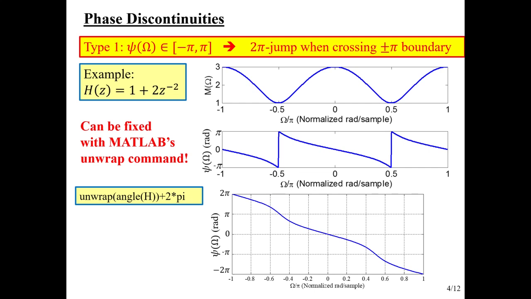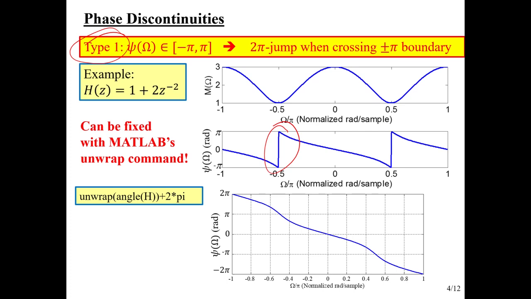Okay, so this can be fixed. Sometimes we want to see it without that discontinuity. It just helps us visualize it. MATLAB has a command called unwrap that will fix these type 1 discontinuities that occur just because the phase appears to want to go outside of minus pi to pi, and the angle command just wraps it back inside.